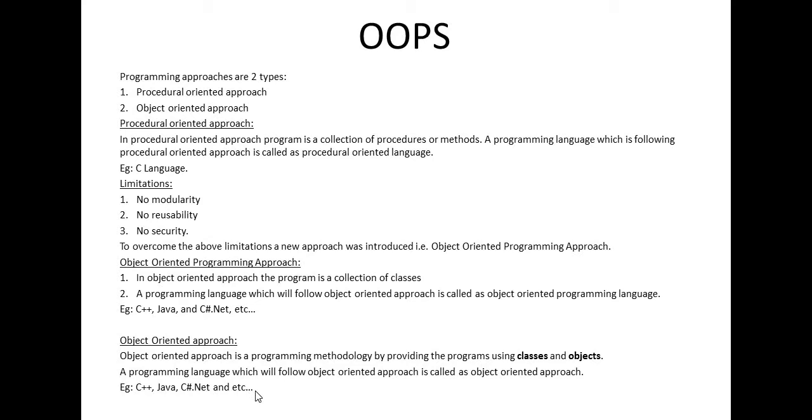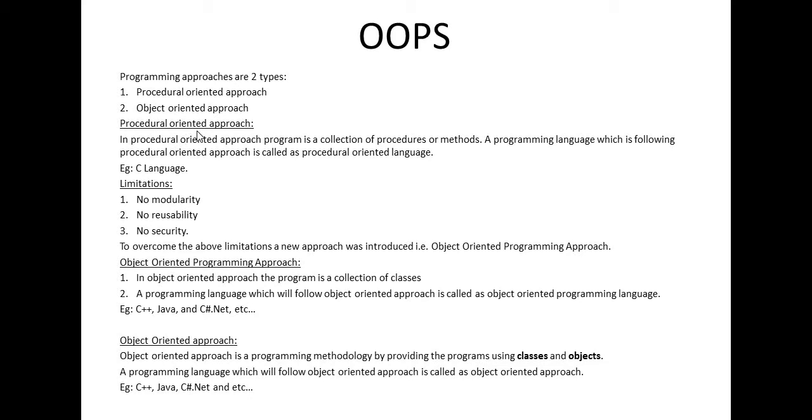These are the examples. So here, friends, what we learned in this slide is what the programming approaches are when developing any code. Here we have two approaches: procedural oriented approach and object oriented approach.